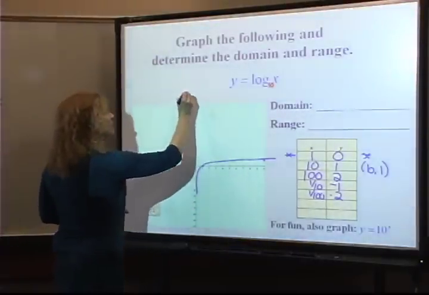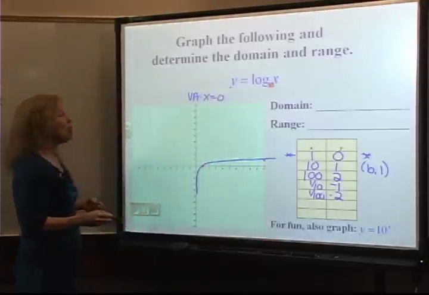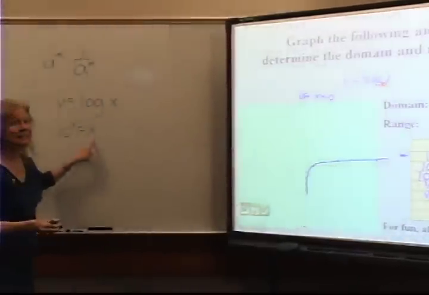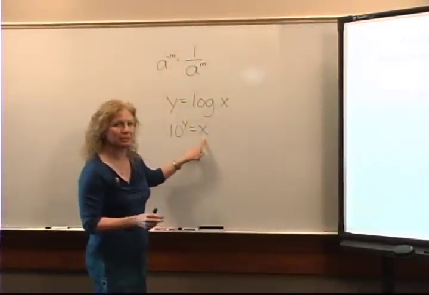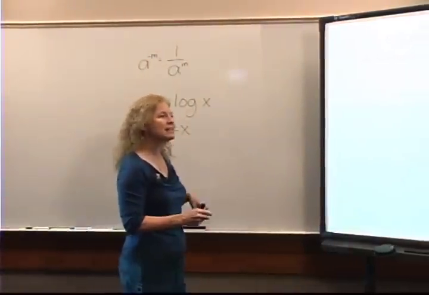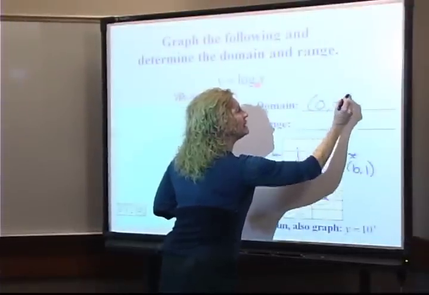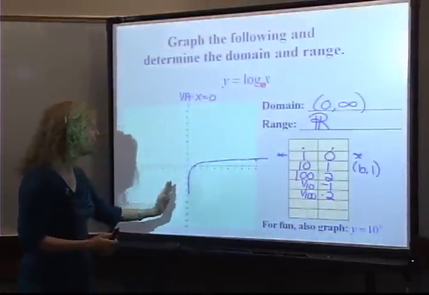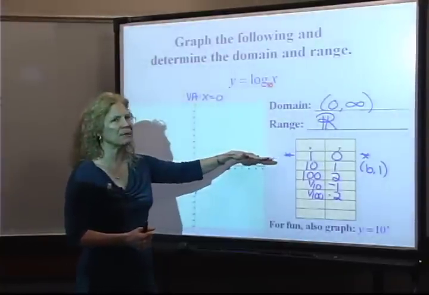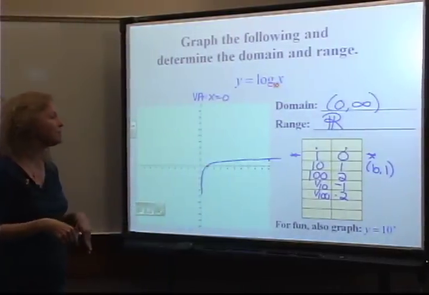And they're all going to have this vertical asymptote of x equals 0, because I can't get a 0 out of that, but I can get darn close to it. Again, my domain is 0 to infinity, and again, my range is all reals. Although I think you realize it's going to be very, very slow. In fact, let's see if you're on top of things.